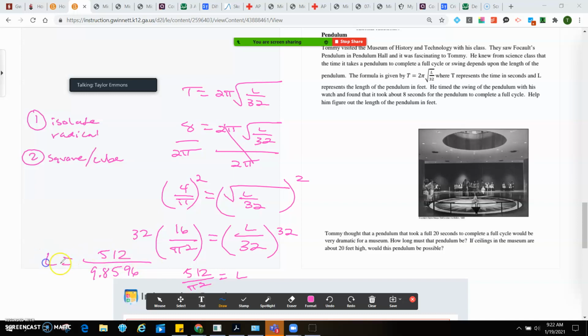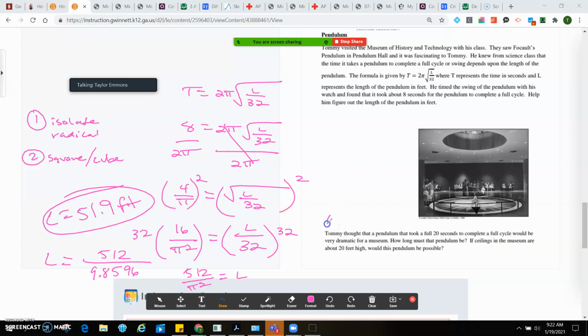So the length is actually going to be L equals 51.9 in feet. Okay, so you got a 51.9 foot long pendulum if it takes 8 seconds for it to complete that cycle.